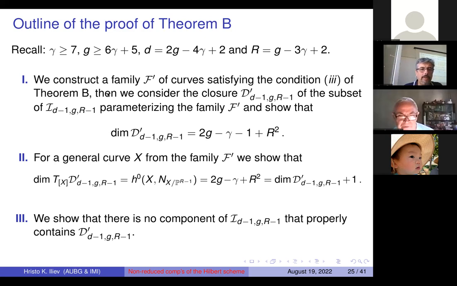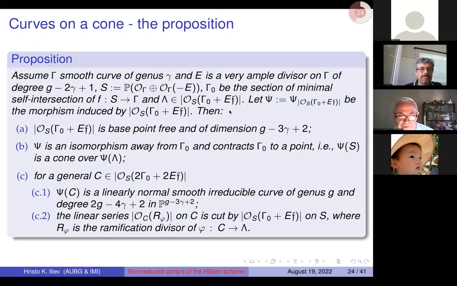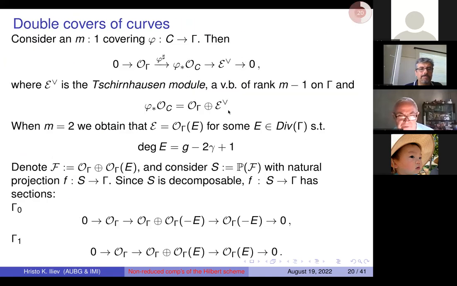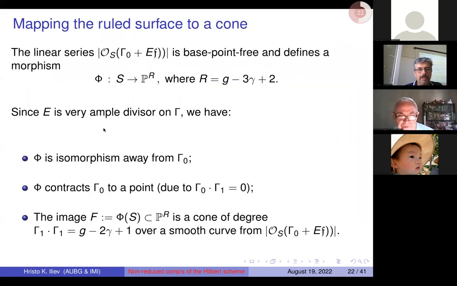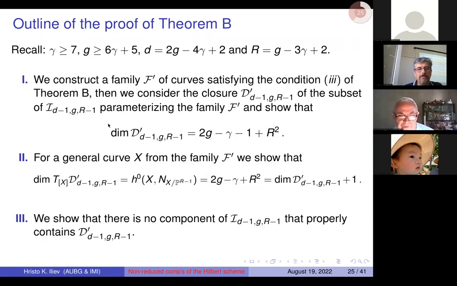So in step 1, we construct the family F prime of curves that satisfy these conditions that I have in item 2 of the family. Namely, I'm going to find them on cones, but I'll do this algebraically. And then we get to compute also the dimension. Okay, so let's revert to the steps. So we get to construct such curves.